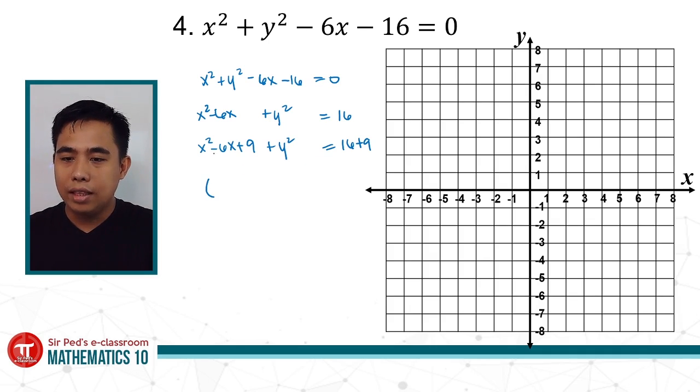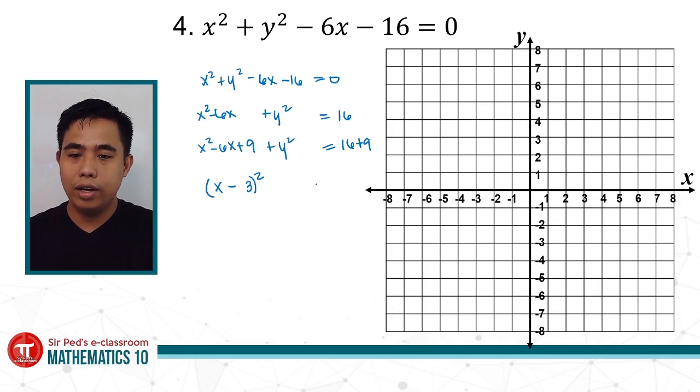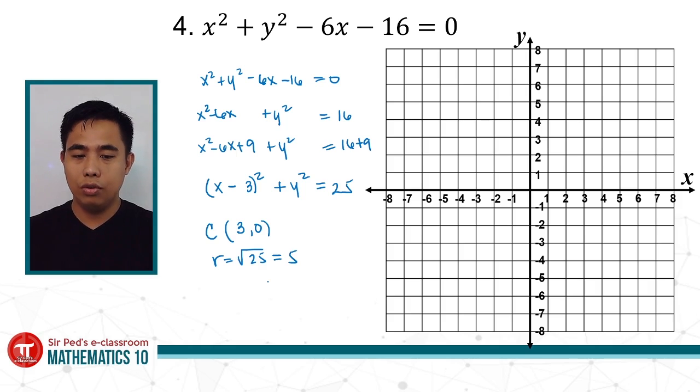So, we can now write yung x squared minus 6x plus 9 as a square of a binomial. So, x minus 3 squared plus y squared, which is equal to 25. So, the center is at 3, 0. And then the radius is the square root of 25, which is equal to 5. So locate, where is 3, 0? So 3, 0, nandito yung 3, 0. Yan.